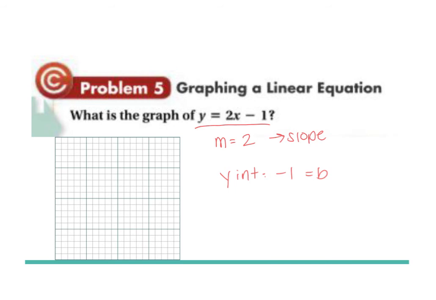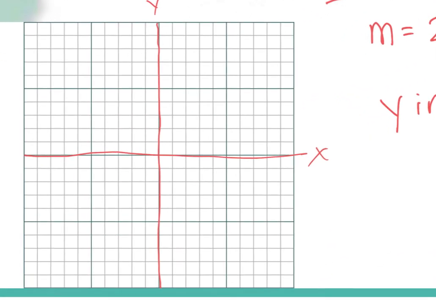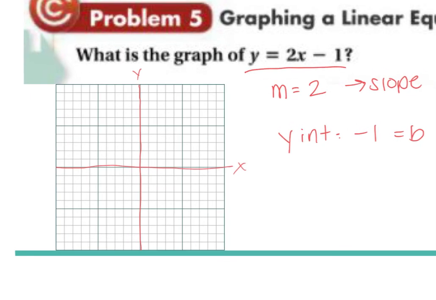Okay, so if we draw a nice axis for the y and an axis for x, what point do we already know is going to be on our graph? Tessa? At the origin. Why?